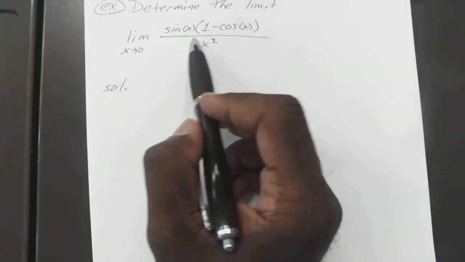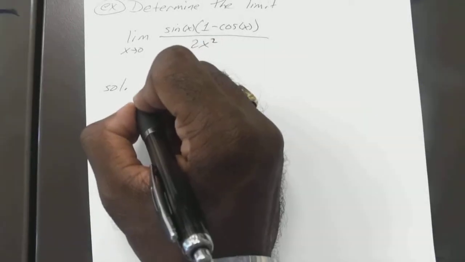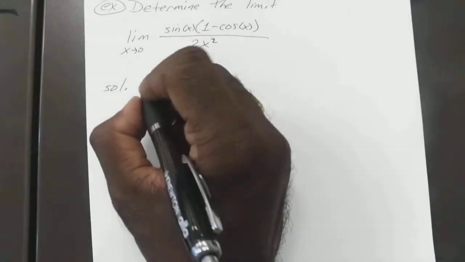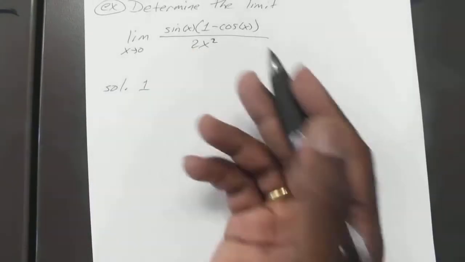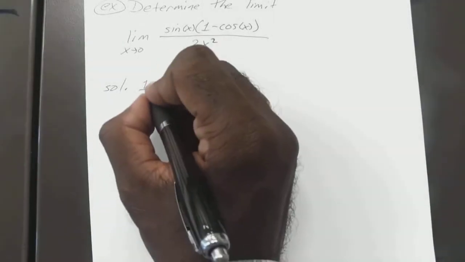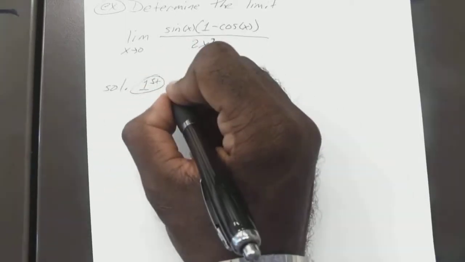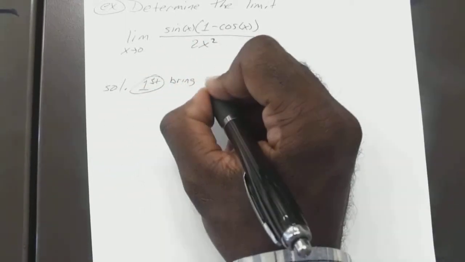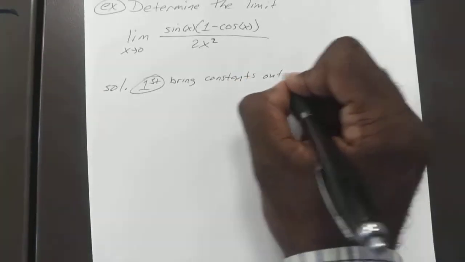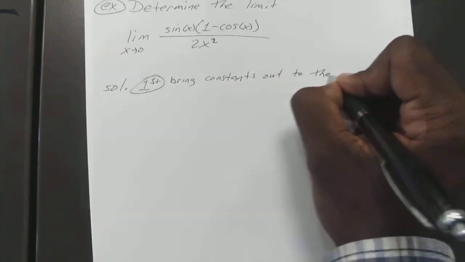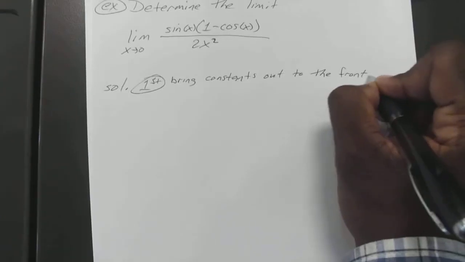But if we manipulate this just a little bit, the first thing I'm going to do is get rid of that 2. Just bring that out to the front and make it 1/2. So just bring your constants out to the front.